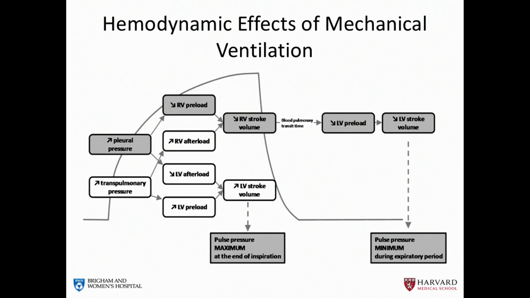I think it's also important just to remind ourselves about the effects of the mechanical ventilator on hemodynamics. This is variable from patient to patient, but as we increase the intrathoracic pressure, we increase transpulmonary pressures and pleural pressures.